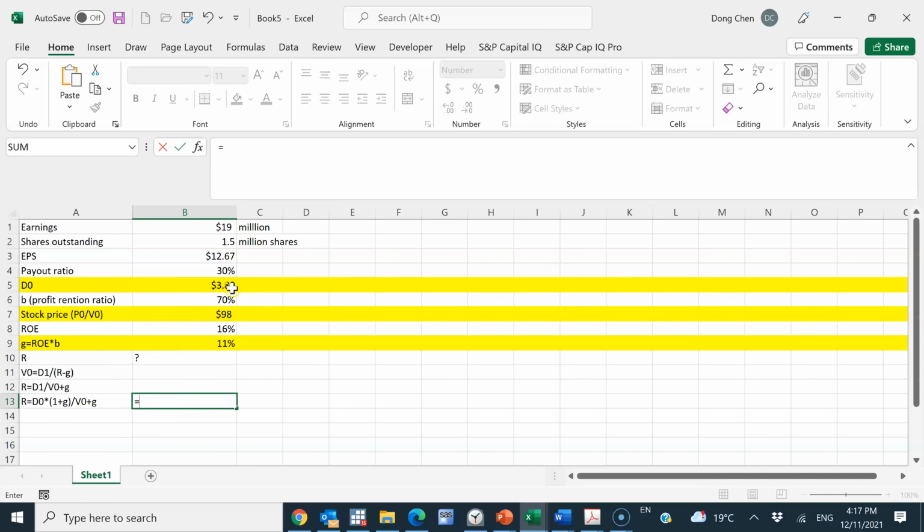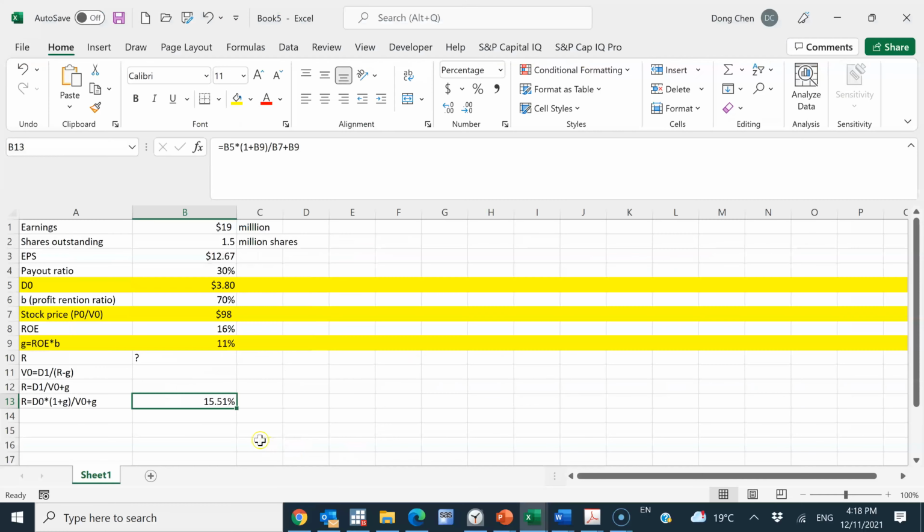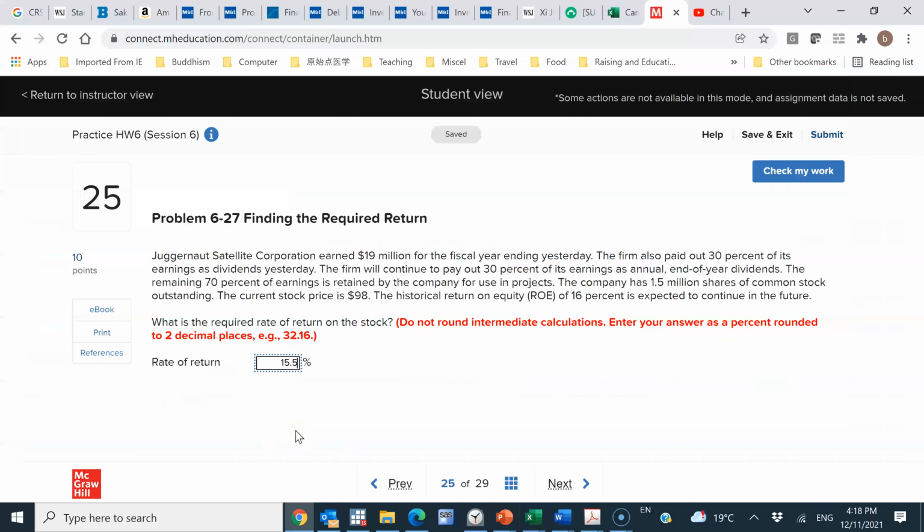That equals D0 multiplied by 1 plus small g, divided by the stock price per share, and then plus small g. So I want to change this to be in percentage, and then keep the number of decimal places to correspond to the rounding requirement of 2, which gives me 15.51%, and check my work.